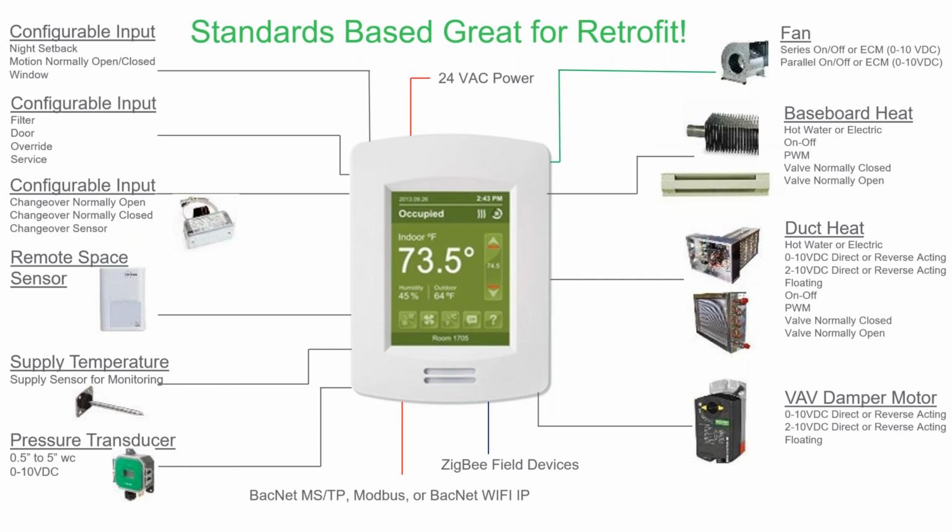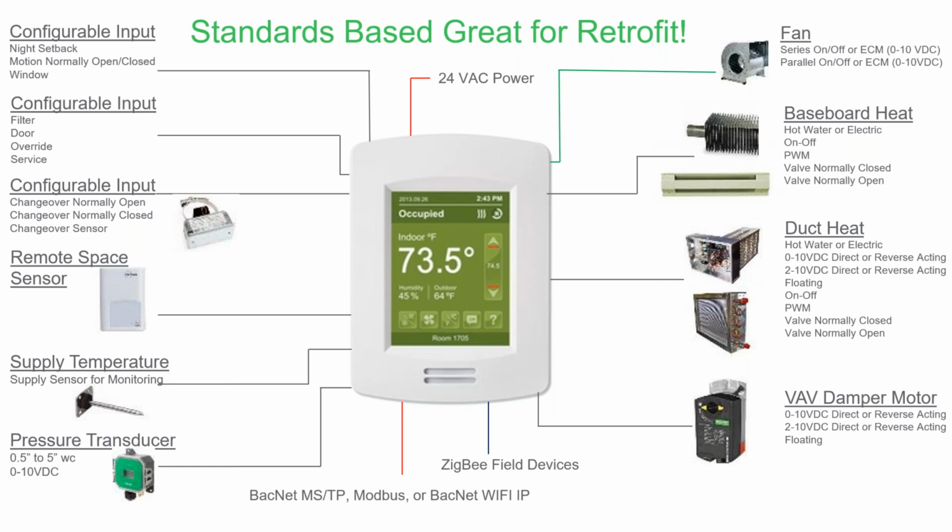But again, as you look through this, you have the ability to wire pretty much any kind of input that you would want to it: filter, door, override, service switches, condensate pans, any of those types of things, condensate pan alarms, you can wire all that into it.